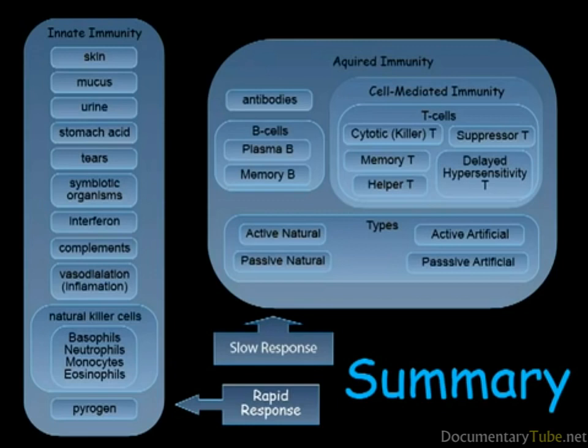Finally, each cell in the body produces an elaborate display of proteins which tell the body whether or not the cell is native to the body or a foreign cell which must be destroyed. Indeed, this world is a dangerous place in which to live, but the body's designer has given us all that we need to stay well protected.